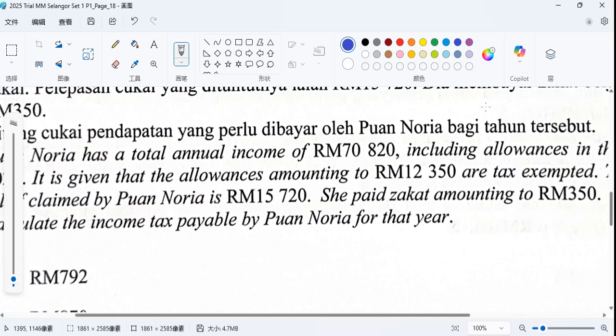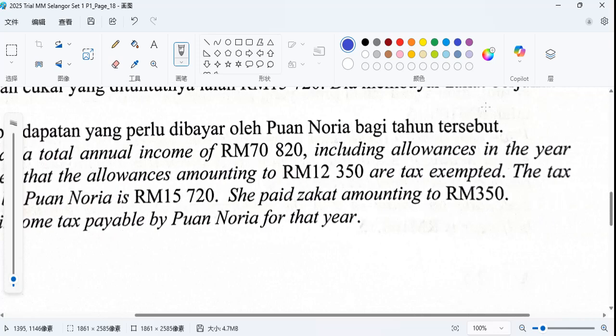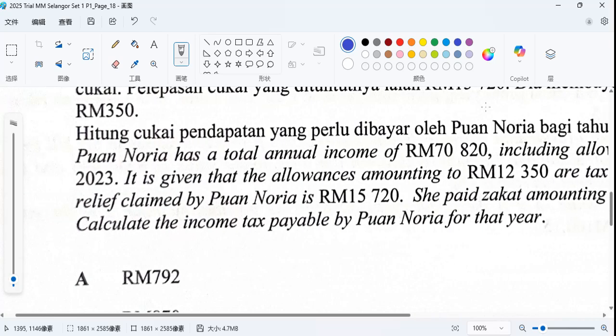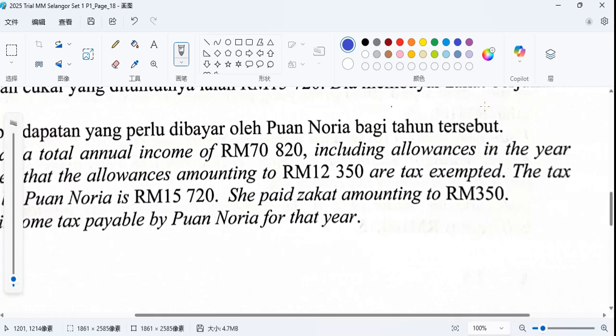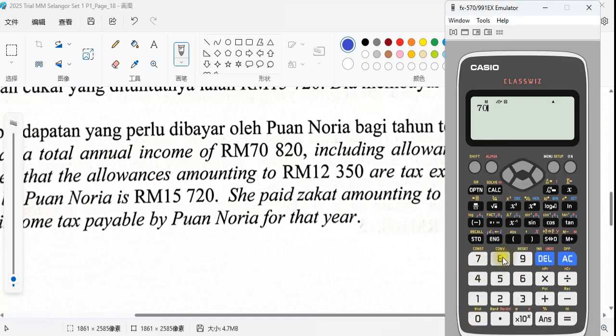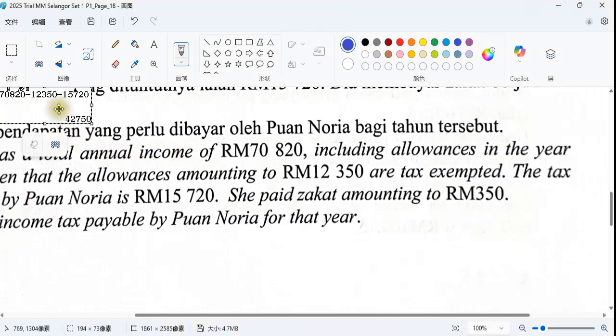Tax relief is 15,720. She paid zakat 350. So calculate the income tax payable. We want to find the chargeable income, so we deduct the allowance and then deduct the tax relief.